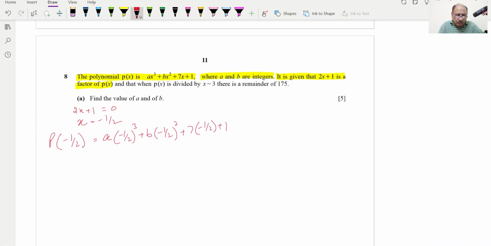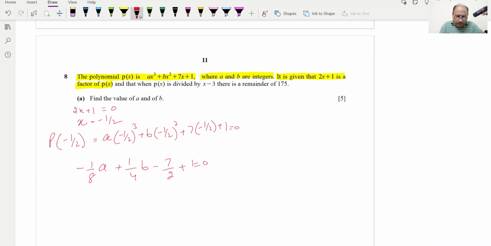Now we can further simplify, and this is equal to 0, so this is minus 1 over 8a, plus 1 over 4b, minus 7 over 2 plus 1 equal to 0.